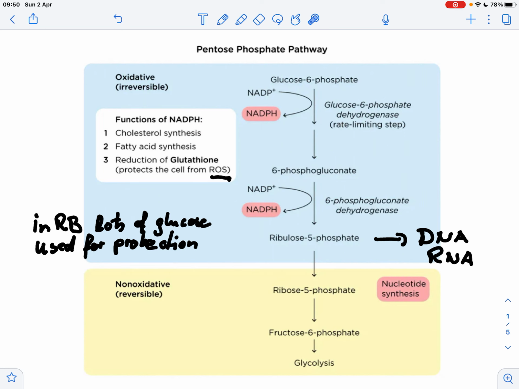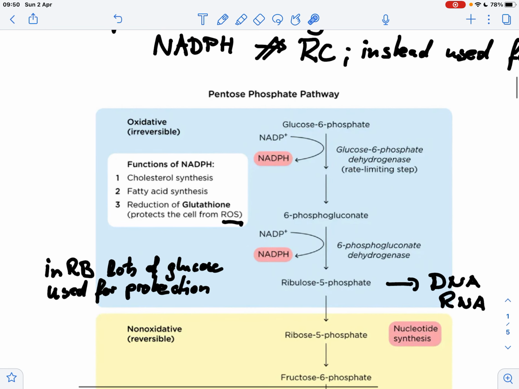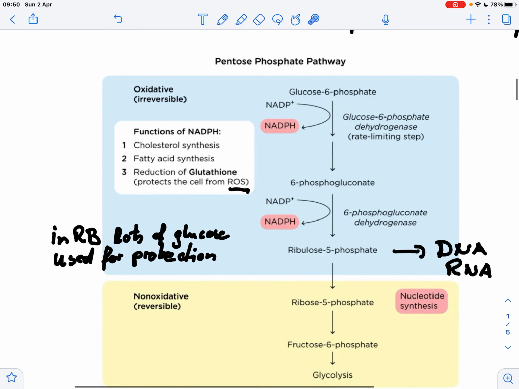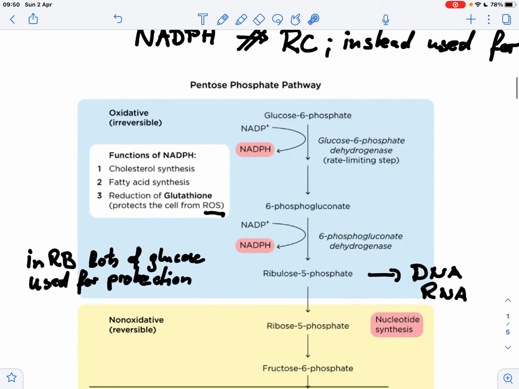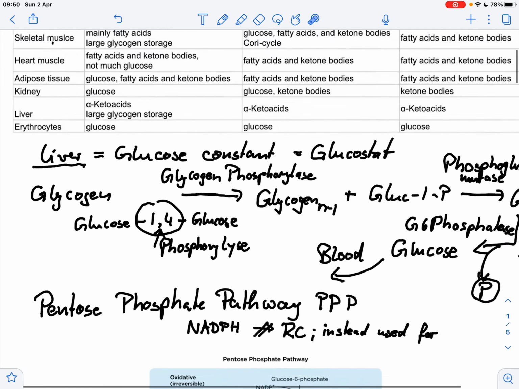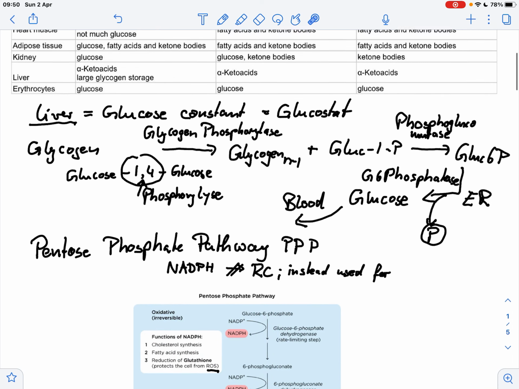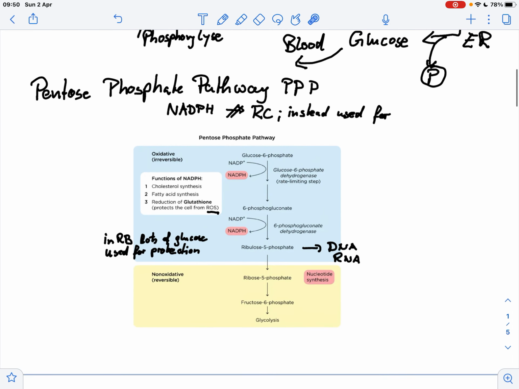So it highlights the fact that we really need glucose for the erythrocytes. So where do we get the glucose from? As I said, we get the glucose from our food in the first place, and then the liver will make sure that the blood glucose levels are maintained by using the stored glycogen that the liver stores and that it produces.